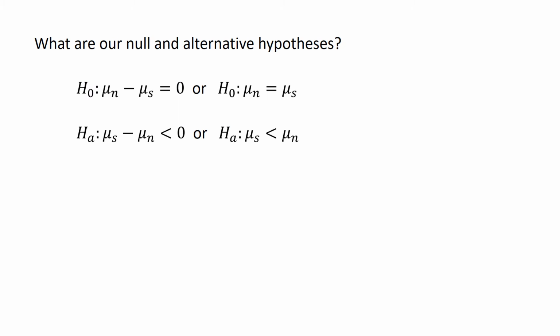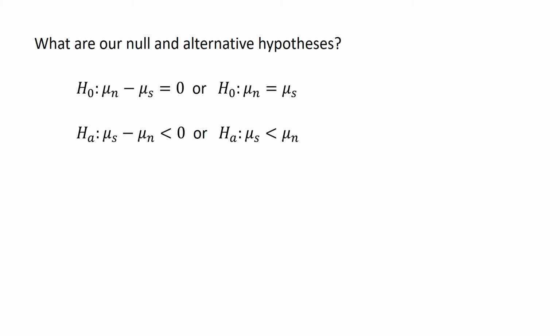So our null and alternative hypotheses. Our null hypothesis for all testing in this chapter is that there is no difference between the two populations or between the matched pairs.